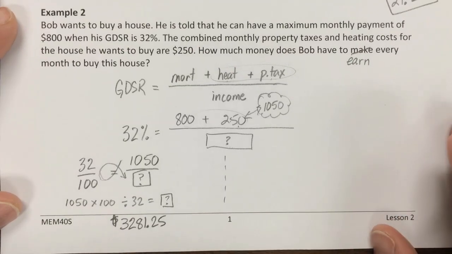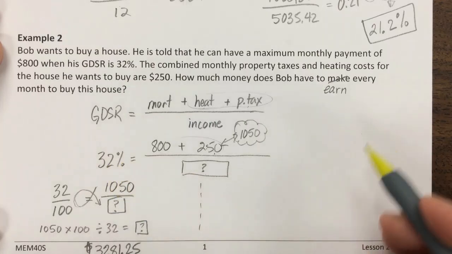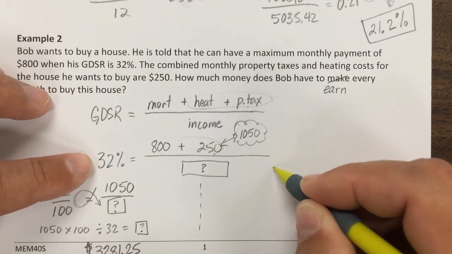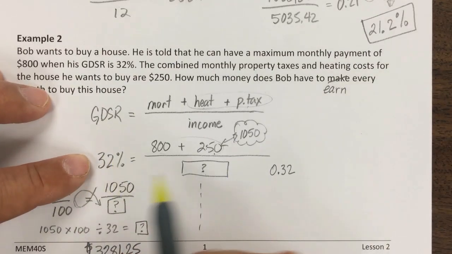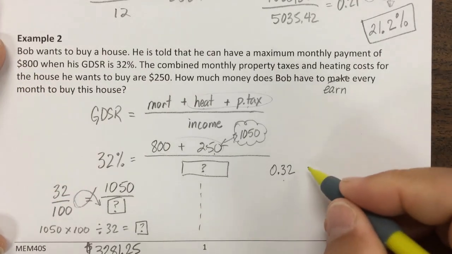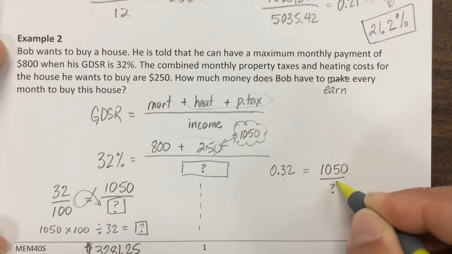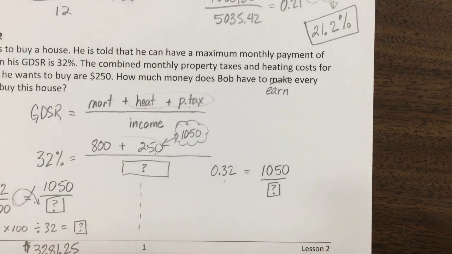Another way to solve this kind of problem: again, we have 32% and this total of 1,050. Remember, 32% is the same as 0.32. That's what it means. So dividing by 100, or sliding the decimal place twice, I'll put it in decimal form, which is equal to 1,050 divided by the thing I don't know. If we want to use algebra to solve this one, this is the item I'm trying to find.